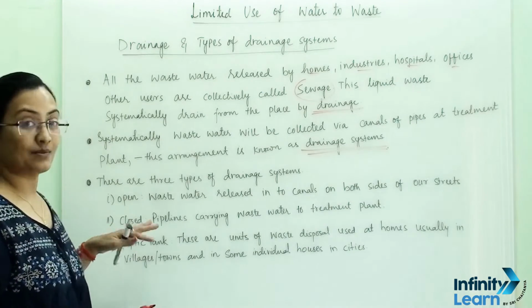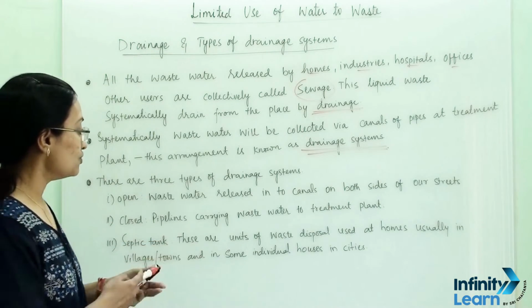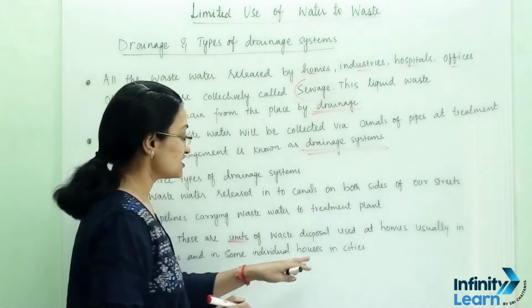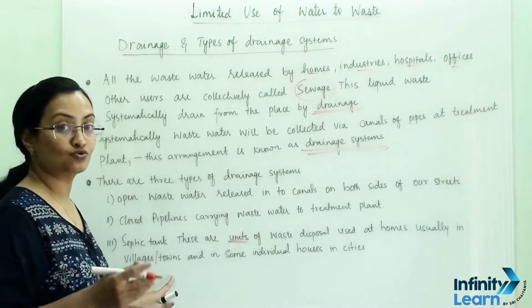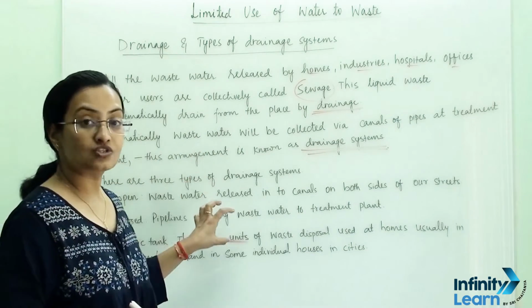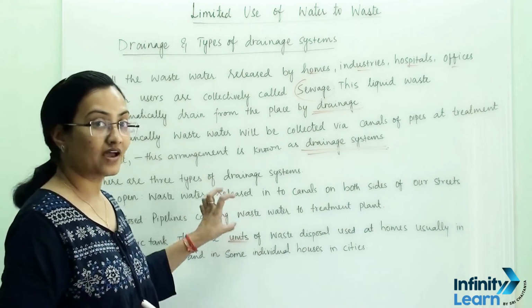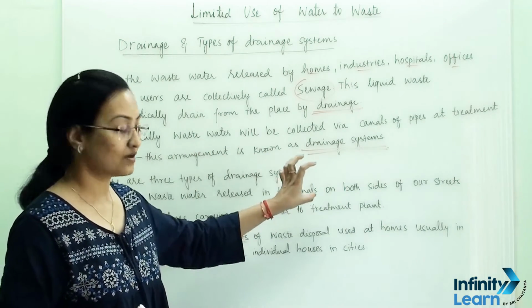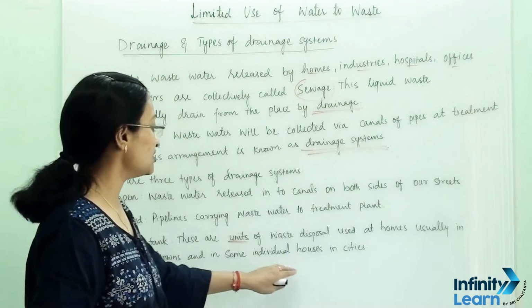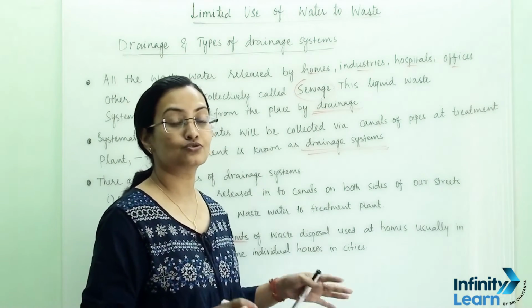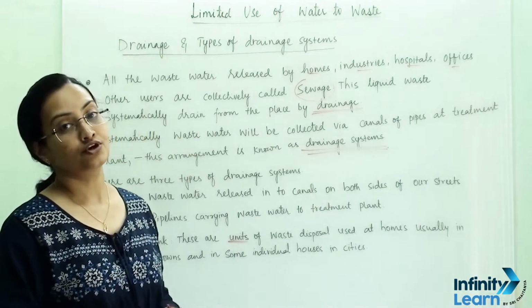Then comes the septic tank. These are units of waste disposal used at homes, usually in villages and towns, where closed pipelines or open sewage lines are not there. There they use this septic tank, and in some individual houses in the cities also we can see this kind of unit.